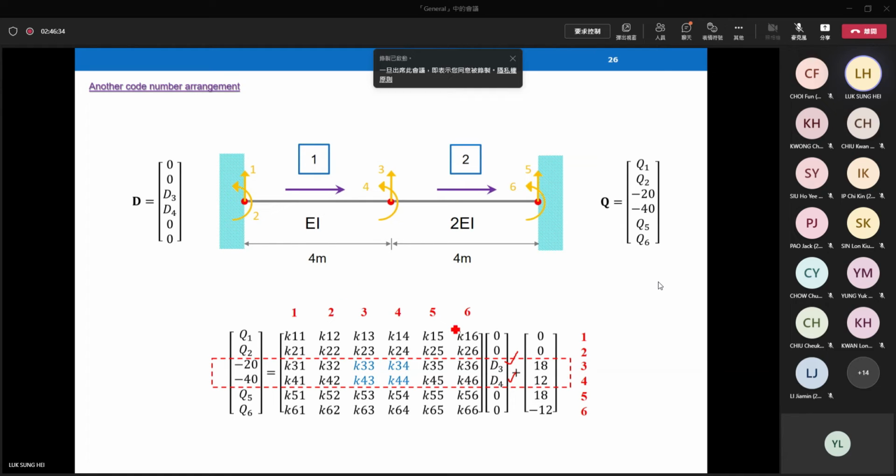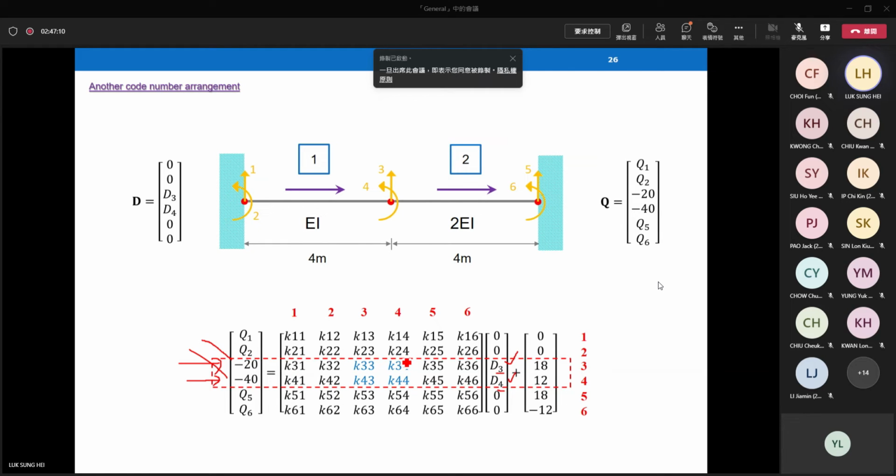If you find that unknown displacement appears along row 3 and row 4, you just need to pick out the equations that correspond to the rows of the unknown displacement. What I mean is that pick out row 3, pick out row 4. Then you will see that this equation involves only D3 and D4, no other unknowns. Two unknowns, two equations, then you can solve D3, D4.